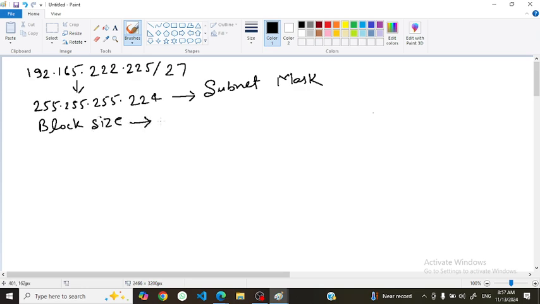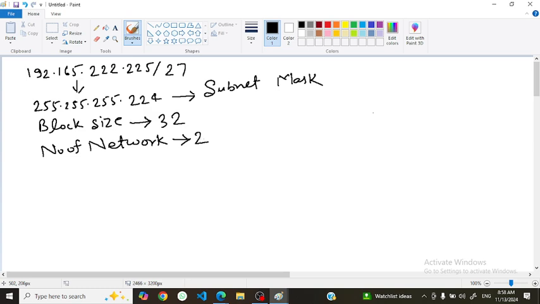Venkat, what will be the block size? It is 224. What will be the block size? 32. Number of networks, Subhajit?